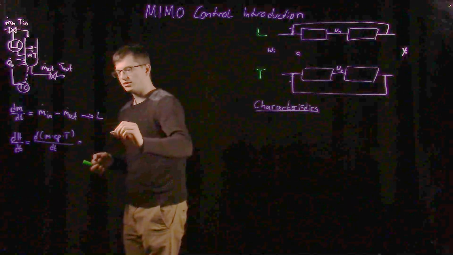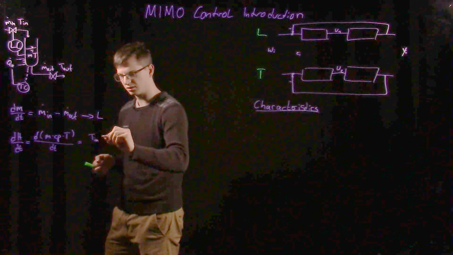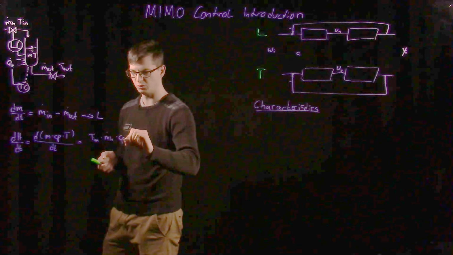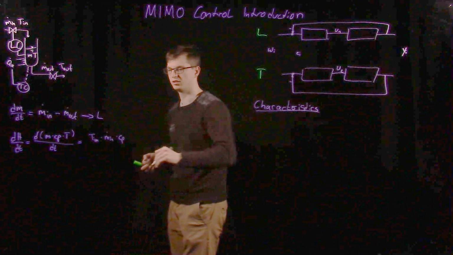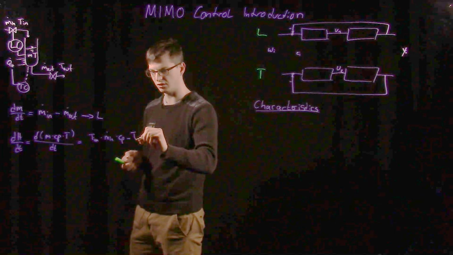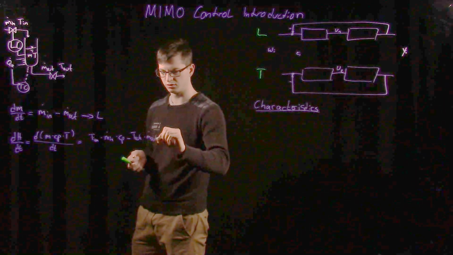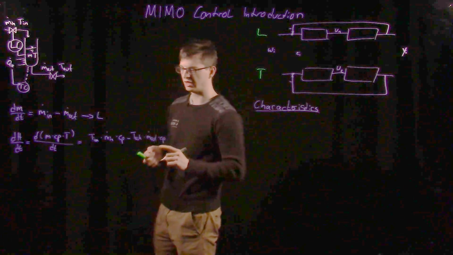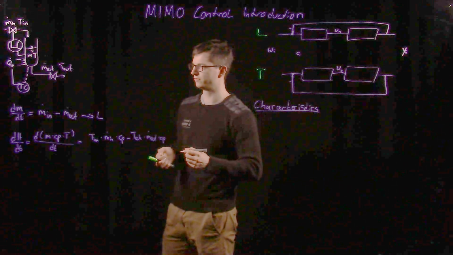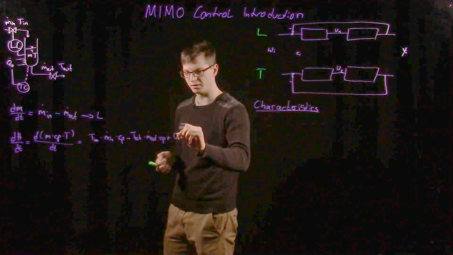And this equals, on one hand, T in times m dot in times Cp, which is assumed to be constant, minus the output stream, so T out times m dot out times Cp. And plus minus what? Yeah, the heater is still alive, so we have to consider this as well. So plus our heat stream.